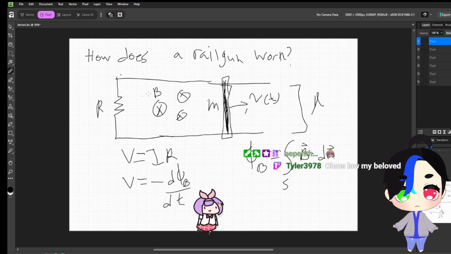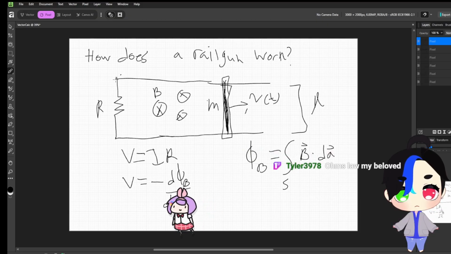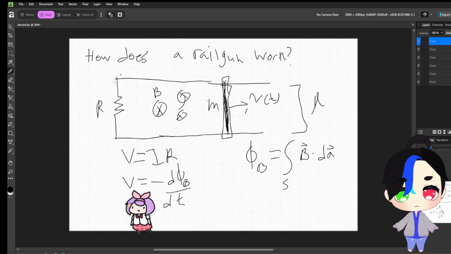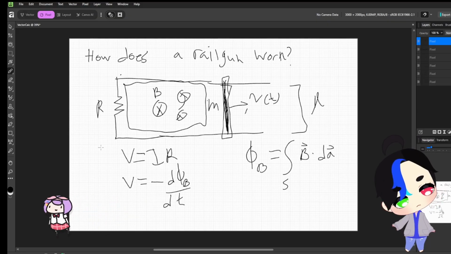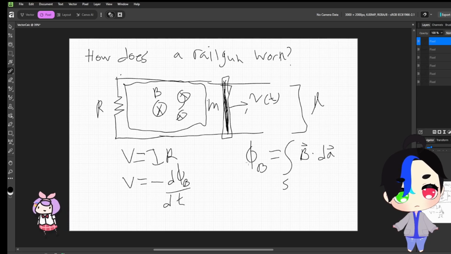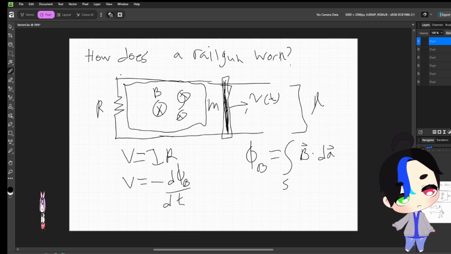This tells you how many magnetic field lines pass through an area. In this case, we want to know how much magnetic field passes through the area defined by this closed circuit, given by this path. That's the magnetic flux.